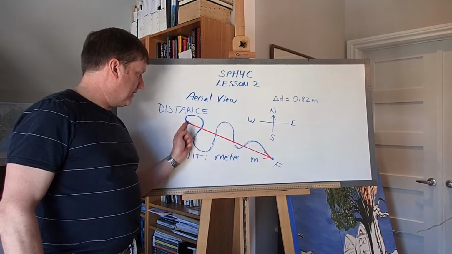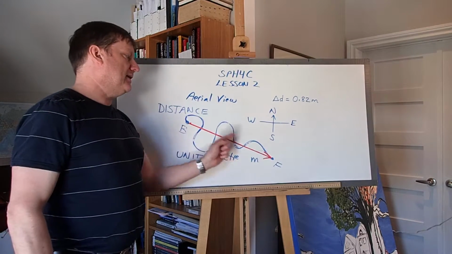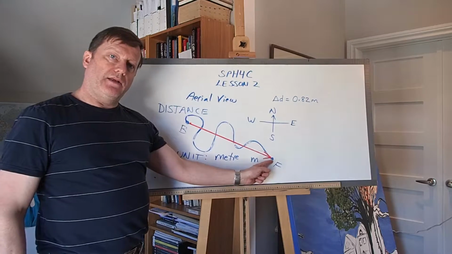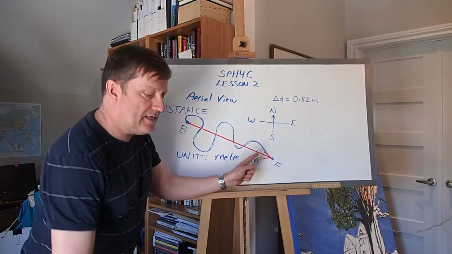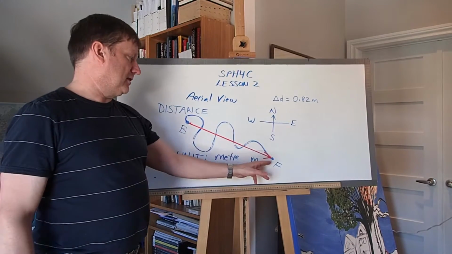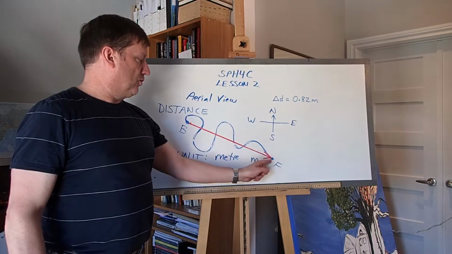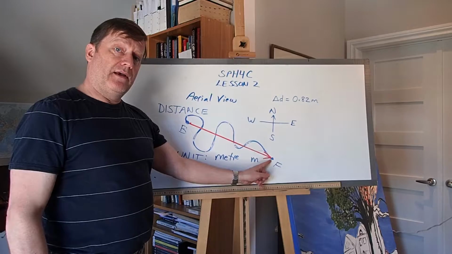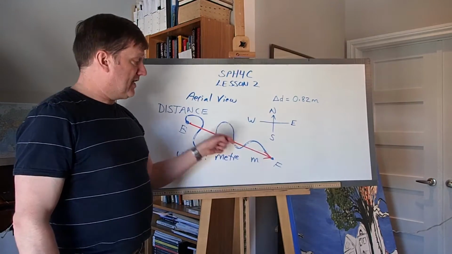That measurement is telling us how far from the beginning to the finish he has been displaced. He didn't actually travel along this line, but if we only look at the beginning and the finish, this is the shortest amount of space from where he began to where he finished.